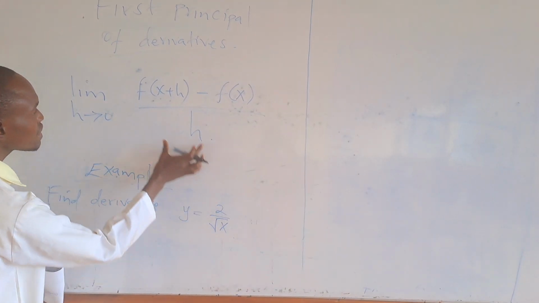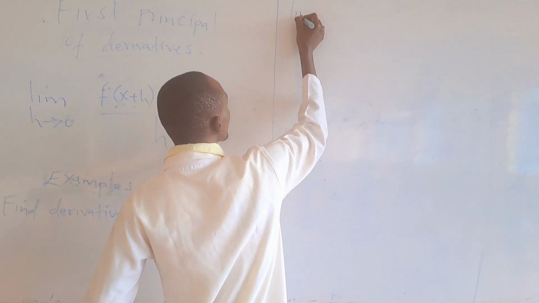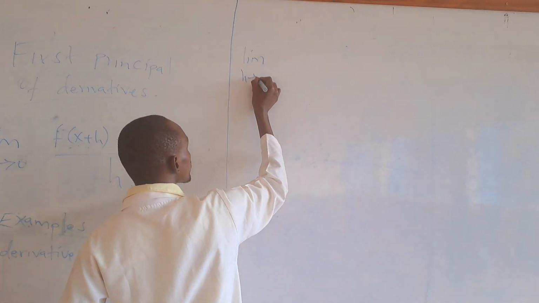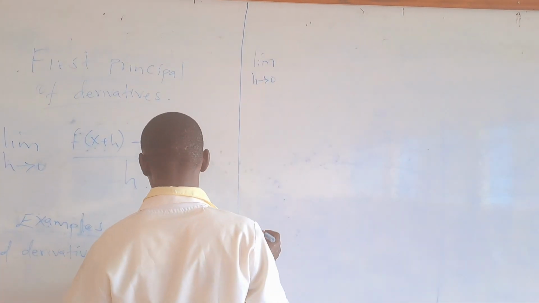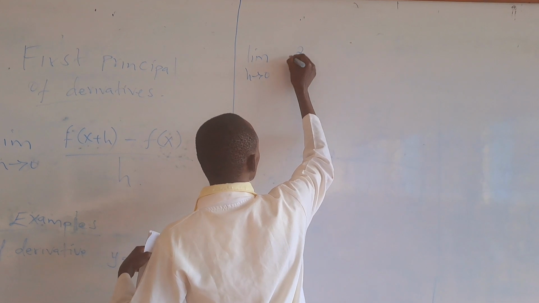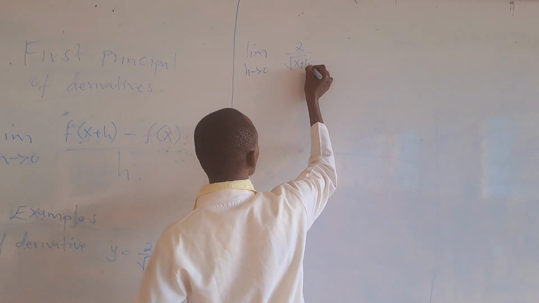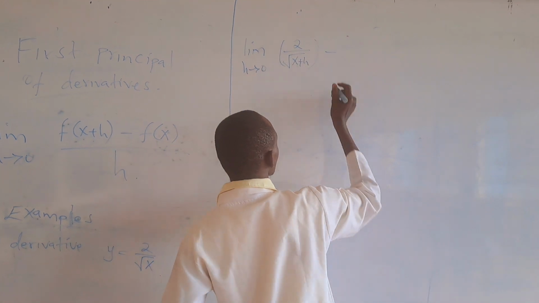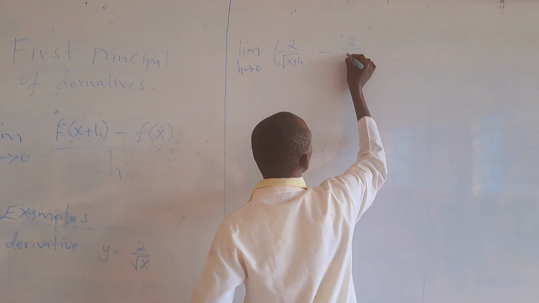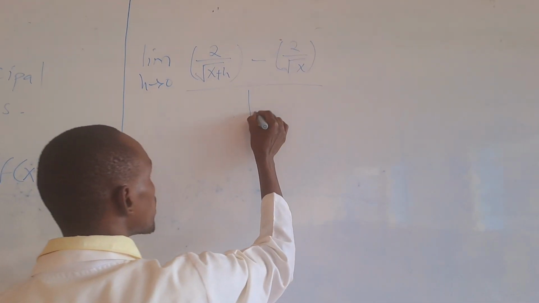If we substitute it in our definition, this is what we will have: the limit as h tends to 0 of 2 over root of x plus h, minus 2 over root of x, divided by h.